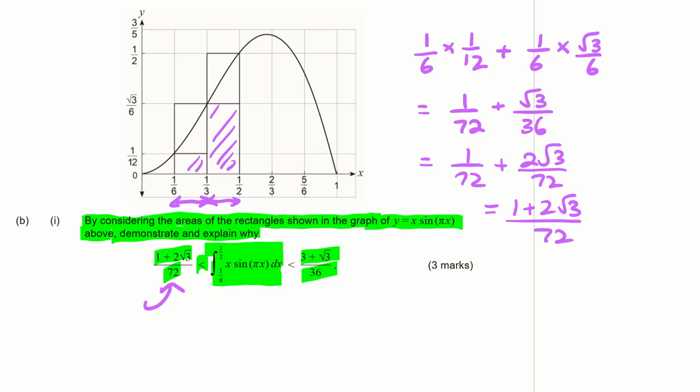Okay, then we're going to look at the over rectangles, which is the area of that added to the area of that.